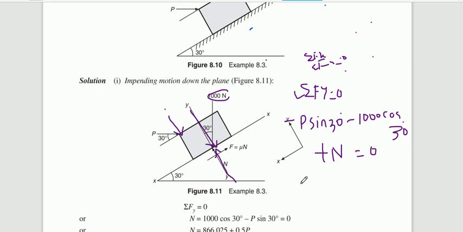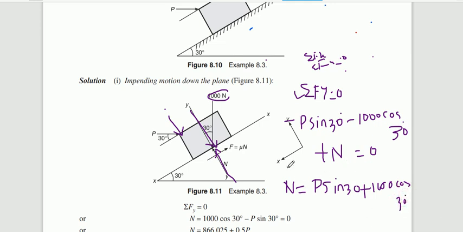Here P is also unknown, so you take that side, and N is equal to P sin 30 plus 1000 cos 30 is the N value.